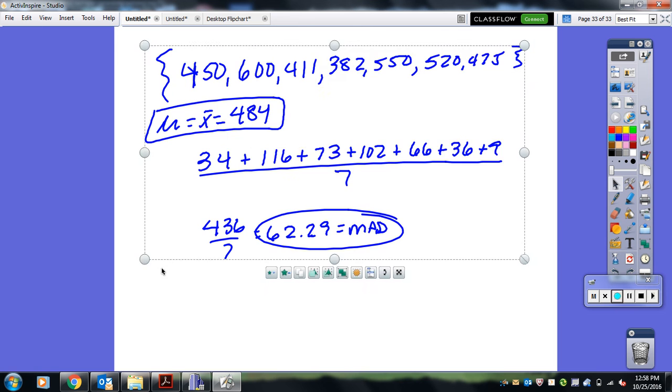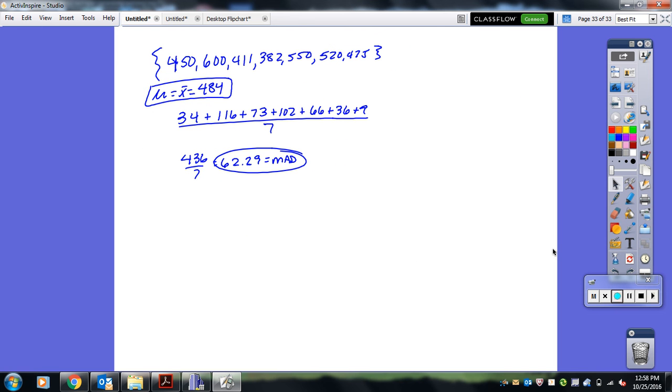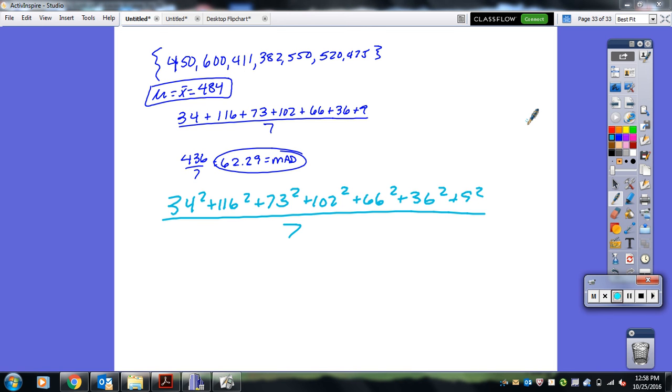To find now my variance, my sigma squared, I did the exact same numbers, but I squared each of them. And so this is going to be some messy calculations, so I'm going to do it all in my calculator all at one time.